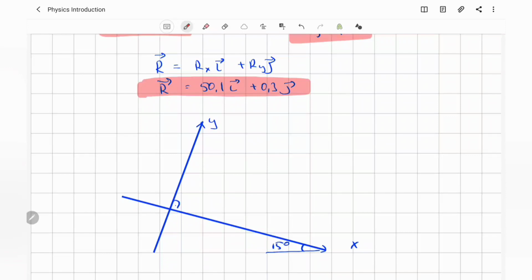Now we need to draw our resultant vector. The x component is 50, so let's say 3 centimeters approximately. This is the x component, starts from here, ends here. And the y component is almost 0, 0.3. It's very small, so actually this is how it looks. This is the resultant vector, R vector.